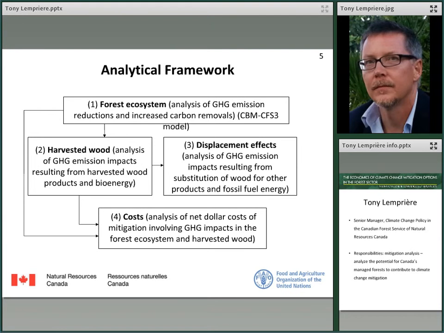Second, we estimated emissions associated with bioenergy and carbon stored in harvest wood products. Third, we calculated emission displacement effects resulting from substitution of wood for other products and bioenergy. And then finally, we calculated strategy costs by estimating the net present value of the change in forest sector revenue that results from each strategy using a 3% social discount rate.